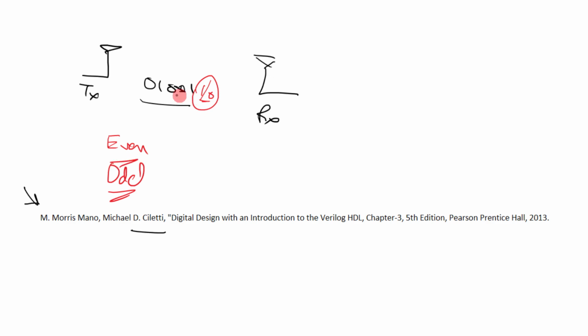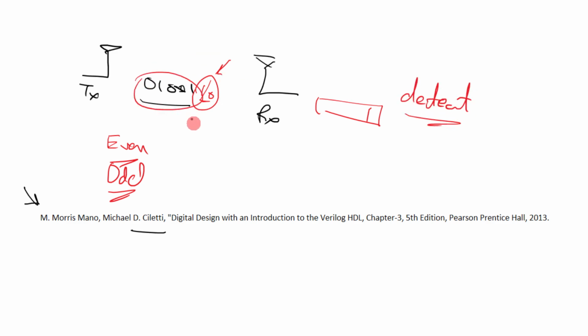You transmit your message along with this parity bit, and at the receiver this parity bit is used to check or detect the error in the message. If you want to study the parity checker or generator in detail, please read chapter number 3 of this book.